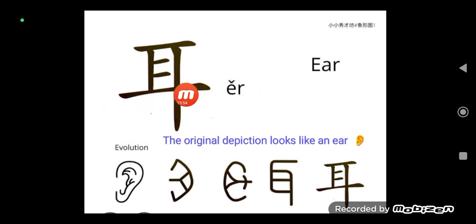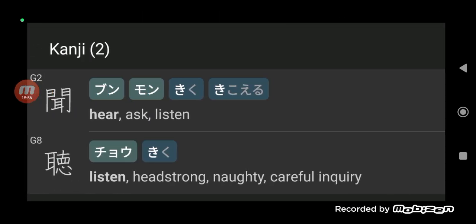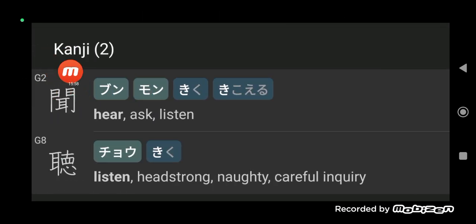Well, in English, ear. And minasan, I have told you that our subject kanji, ji or mimi, can also act as a kanji radical or component. And you can see in grade 2 level kanji how it behaves like a radical. It's kiku, a very essential kanji. Well, onyomi bun, mon, kunyomi kiku, kikoeru.